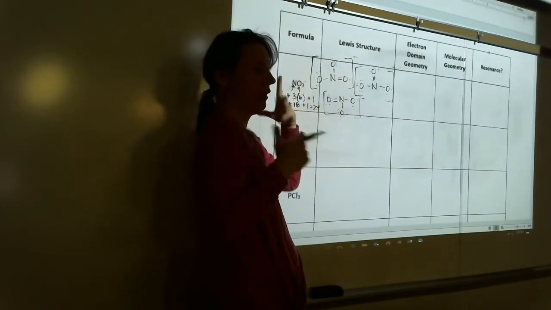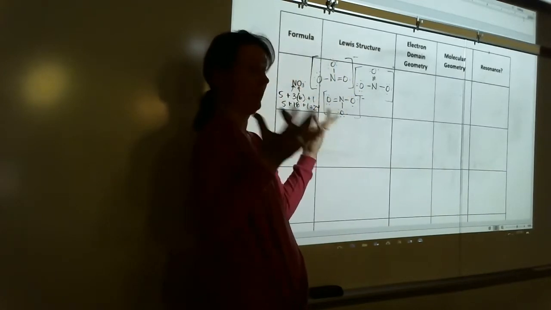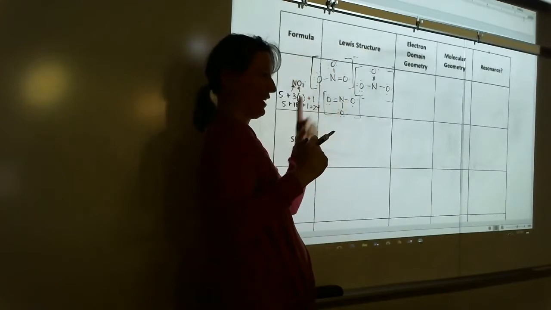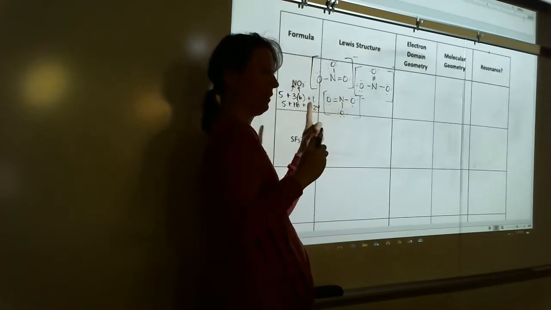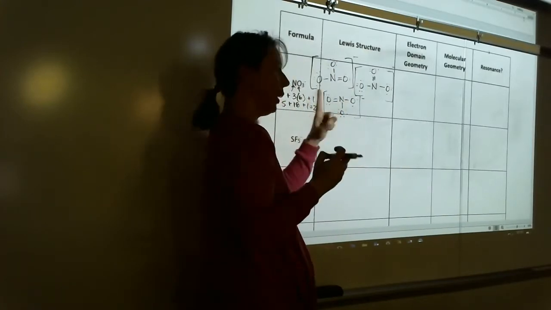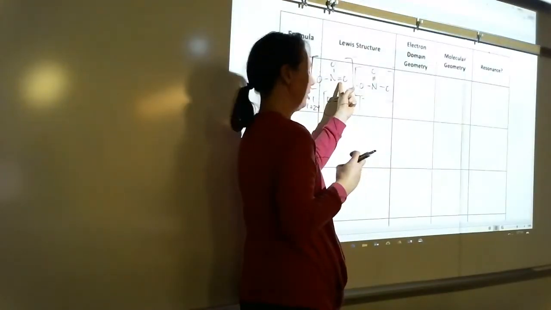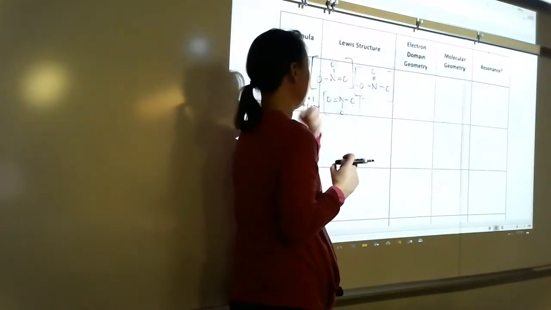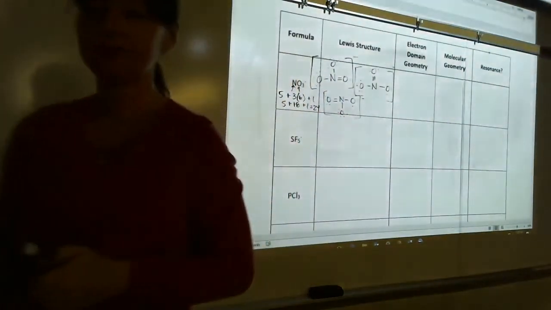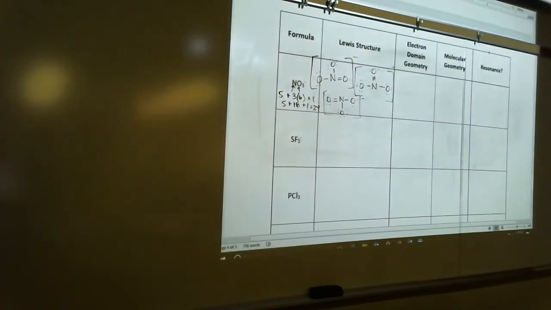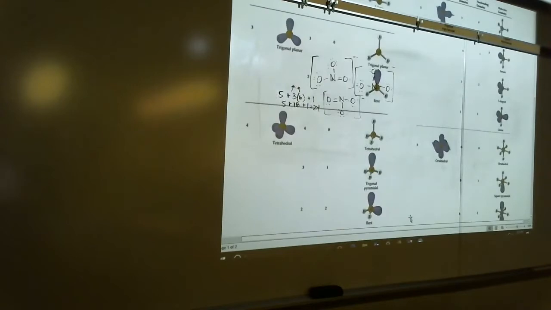I use the example, if you have twins, it counts as one pregnancy. You're not having 2 pregnancies, you're having 1. I mean, technically you're pregnant with 2 people, but it's 1 pregnancy. That's how you can think of it. So 1, 2, 3, 3 things on the central atom. You may have them memorized because you've done it enough times. If you haven't, that's okay. Electron domain geometry would be trigonal planar.